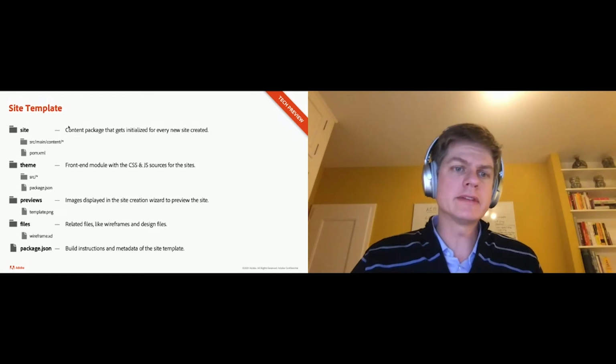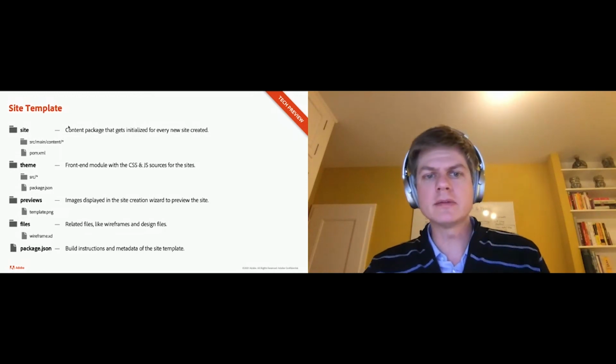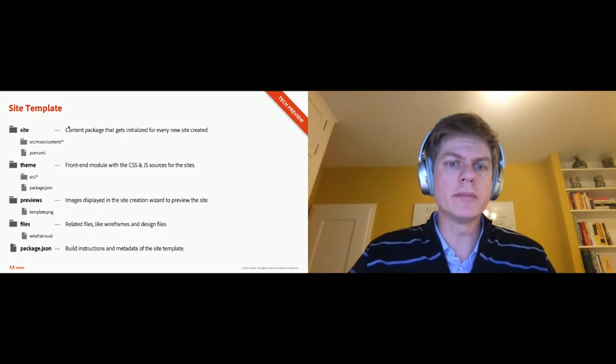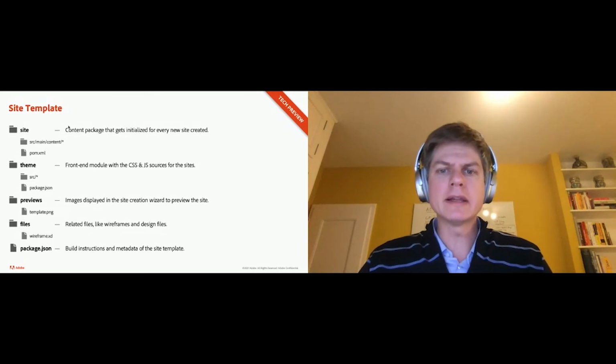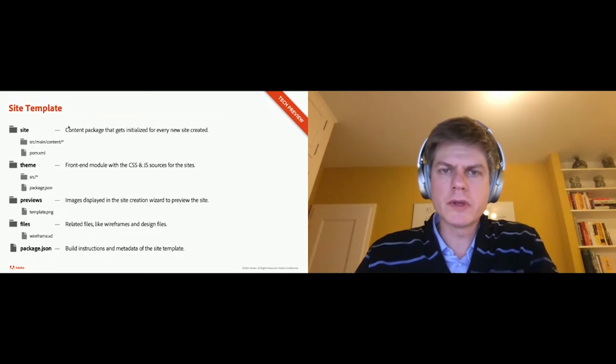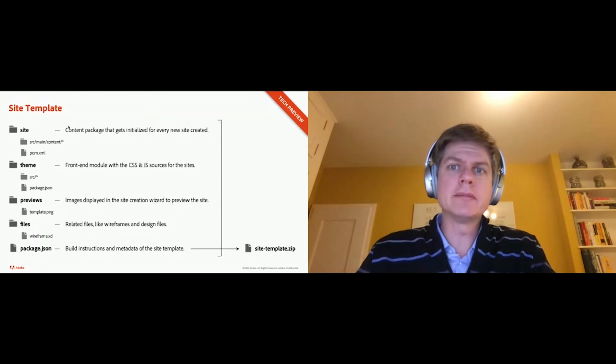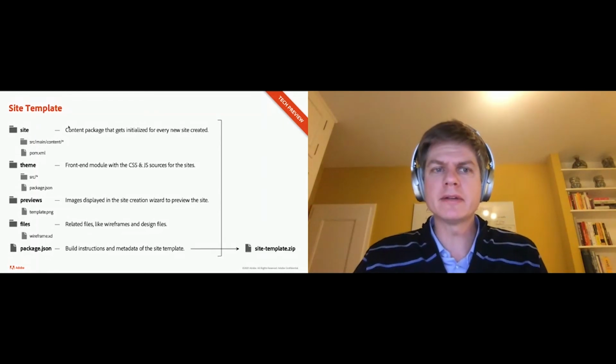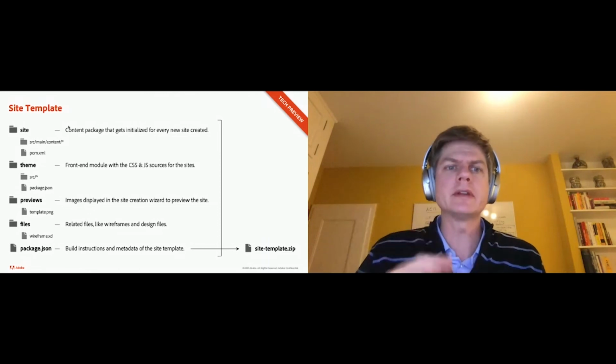And finally, the site template has a package.json, which is basically having all the build instructions and the metadata of the site template that is built here. What this build process does is that it will take all of that and package it into a template zip file. It will not just zip it, it will really build things.